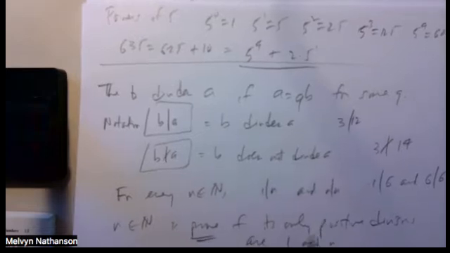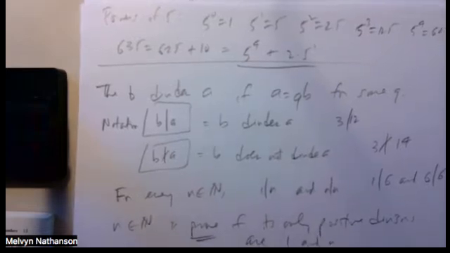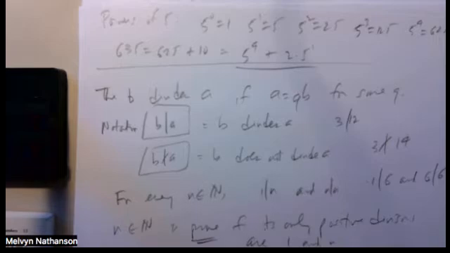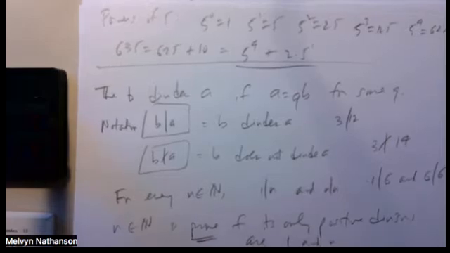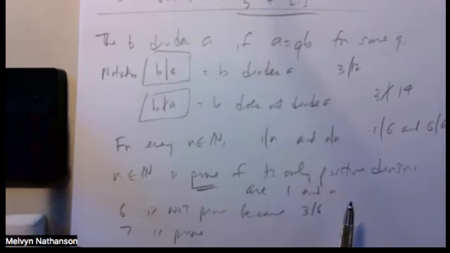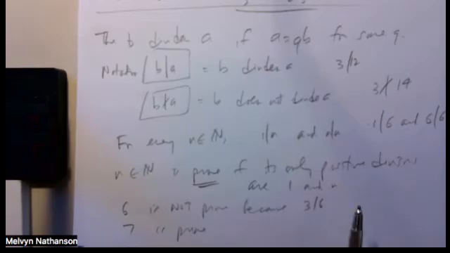So for example, 6 is not prime because in addition to 1 and 6, 3 divides 6. 7 is prime because the only positive divisors of 7 are 1 and 7.